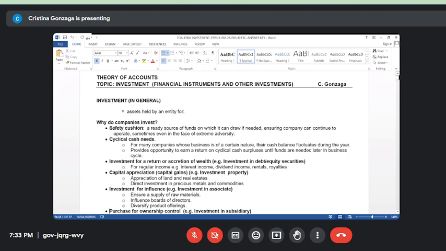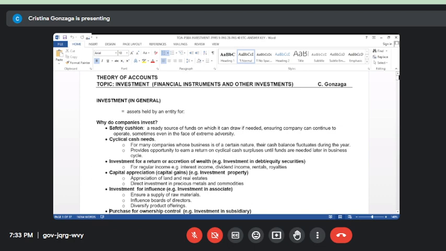Kasi syempre, if you have many associates, you can easily unite with them for business purposes. Okay, so ibig sabihin, you can do many businesses with them, and you can even influence their businesses. So associate.